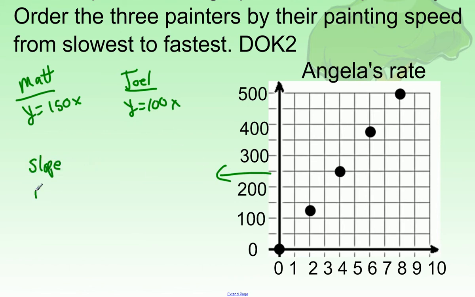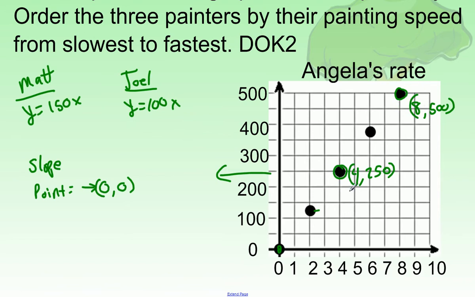The point I'm going to use, again, is going to be 0, 0, because that's the easiest point to plug in, and we know it works. Now, these other points, I cannot tell you exactly what that is. That looks pretty doggone right there, so that might be 4, 250. Let's check. That looks like 8, 500. So those 2 points look like, yeah, that's on a line.